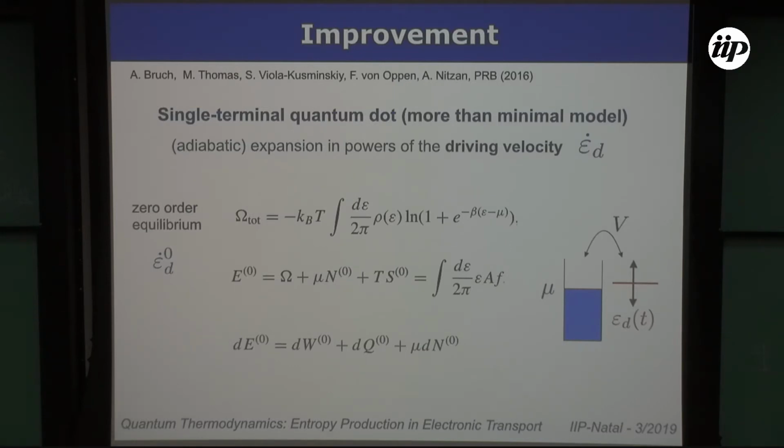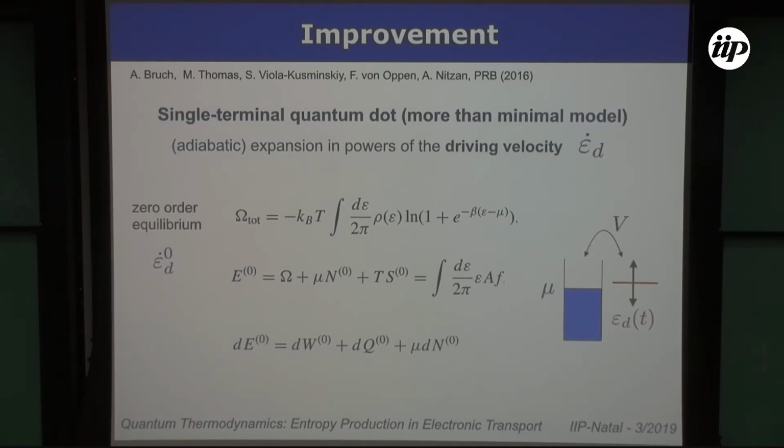So you don't have a current, but you can shuffle energy and heat from the reservoir to the quantum dot, etc. But you don't have a current going from terminal A to B in this sense. And this problem is very simple because you can have everything under control analytically, and you can write, for instance, the equilibrium relations for standard quantum mechanics, if you wish. And the whole thing is to understand what happens as a function of this drive.